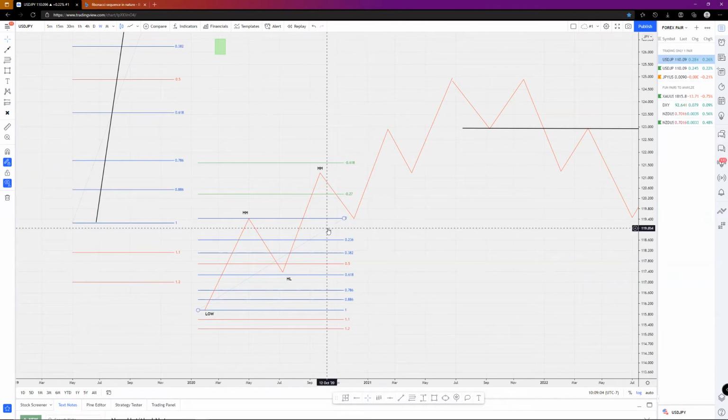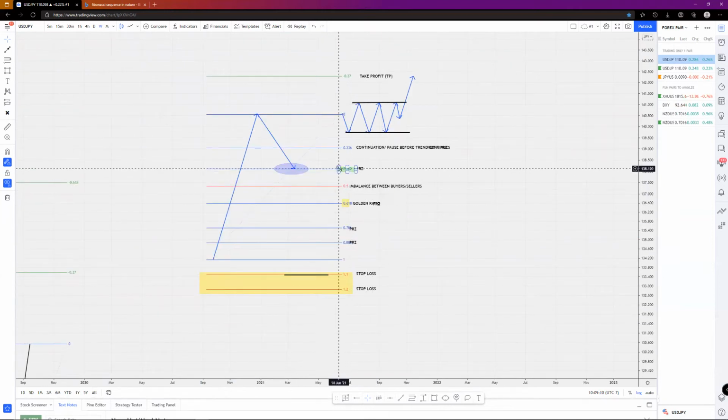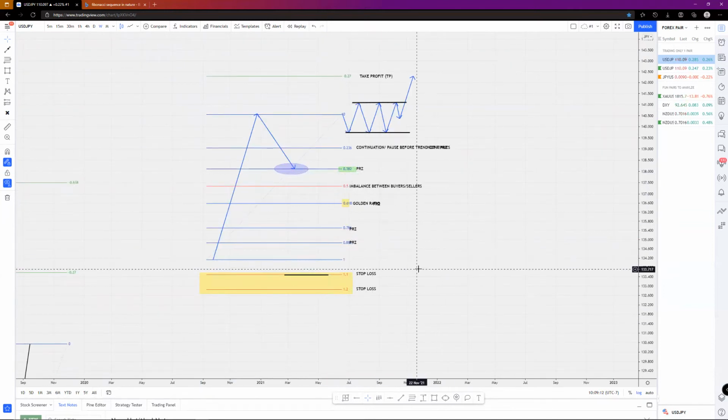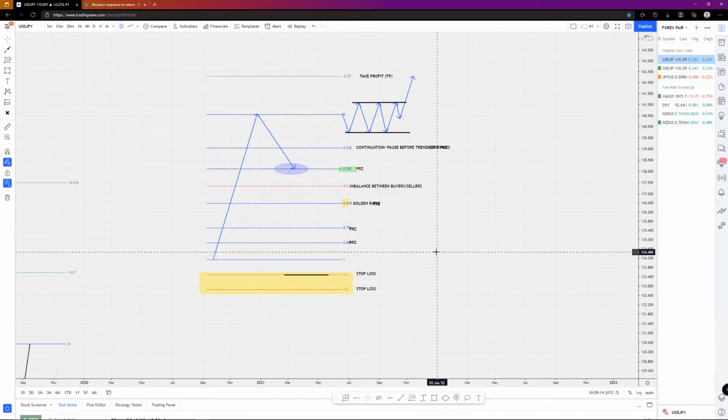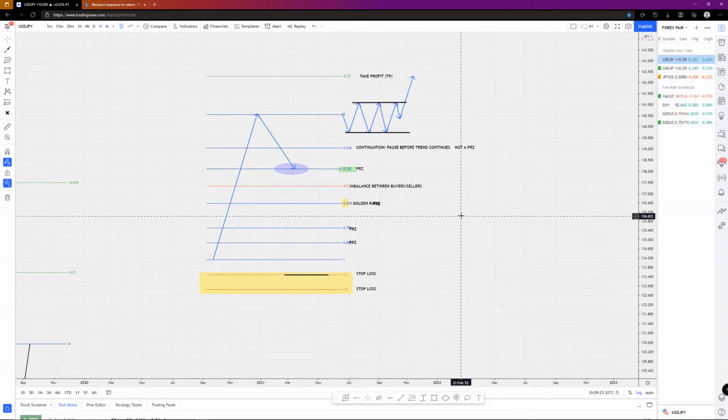Once I showed you the valid higher low point, what creates a valid higher low point, anything past 38.2 is considered a valid higher low point or a lower high point, considering the trend you're in. 28.6s do not count because they show that the market had not made enough momentum to continue pushing down to create structure in order for you to find that established market structure to be able to utilize and find a possible entry point.